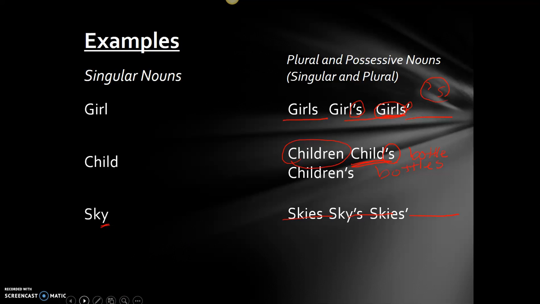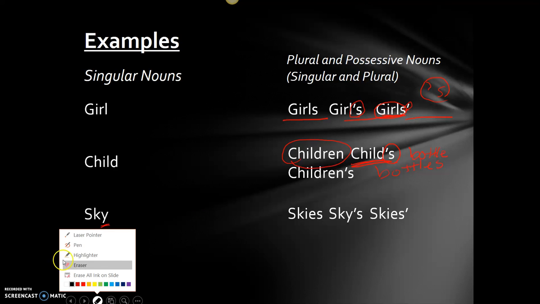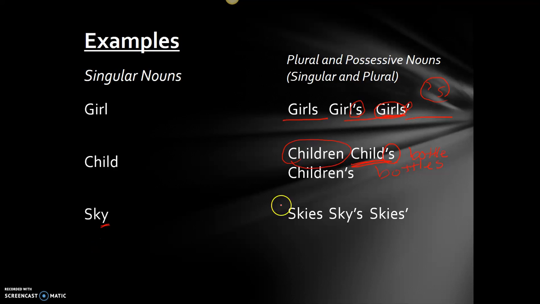My lines are a little messed up. Let me fix that a sec. There we go. All right, so take a look at this. So right here, the Y changed to an I, and we add that ES. So sky becomes skies, more than one. Here we still have that singular form of sky, one sky.